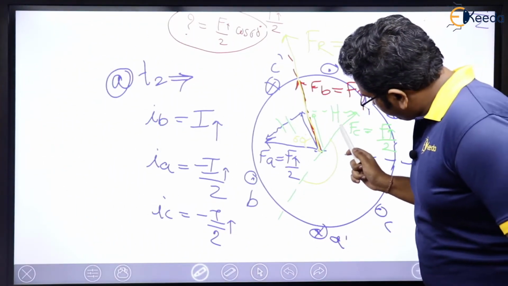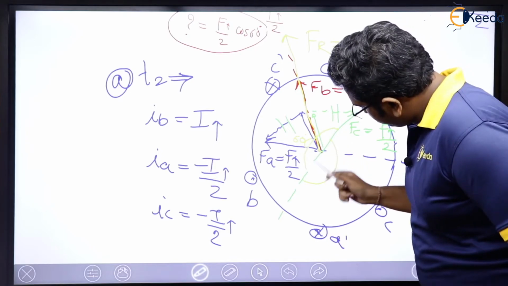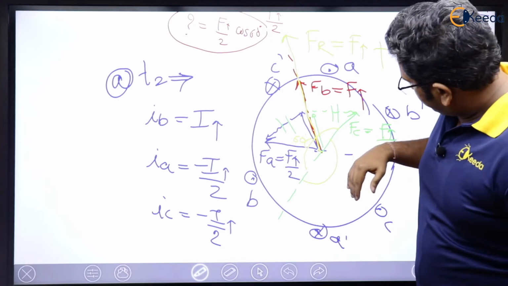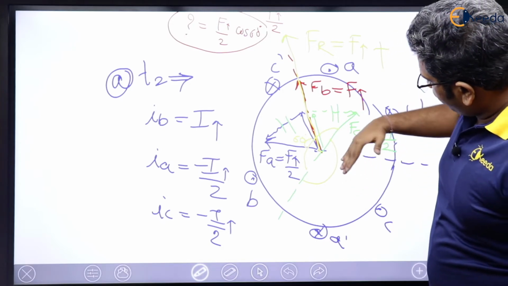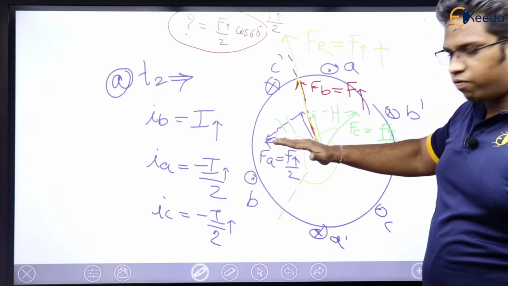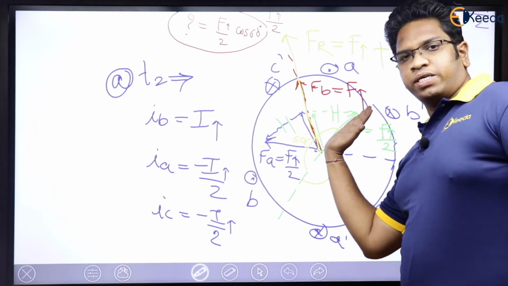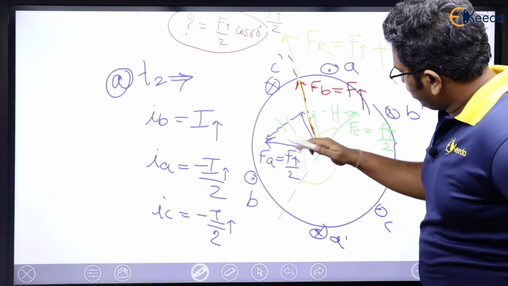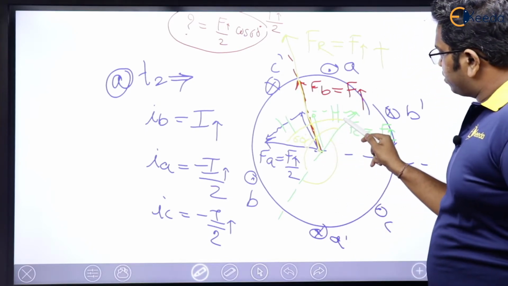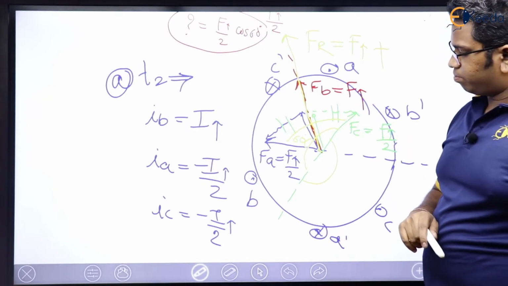This total is going to be 180 degrees, agreed? Now we know that the angle between negative of FA and negative of FC will be 120 degrees, right?